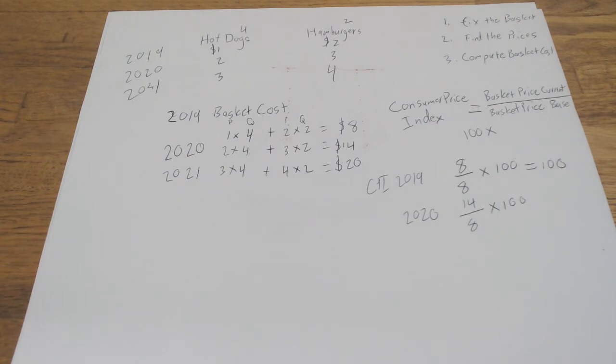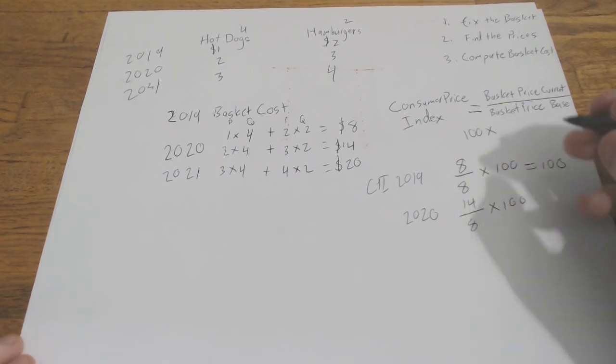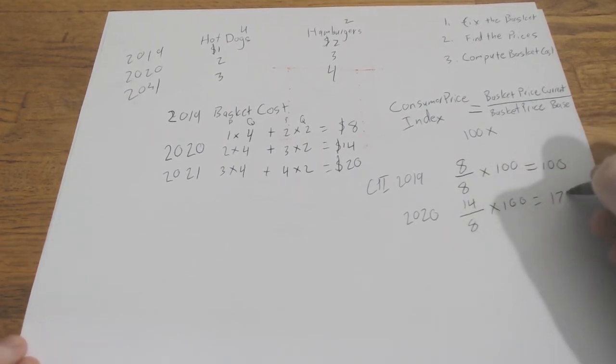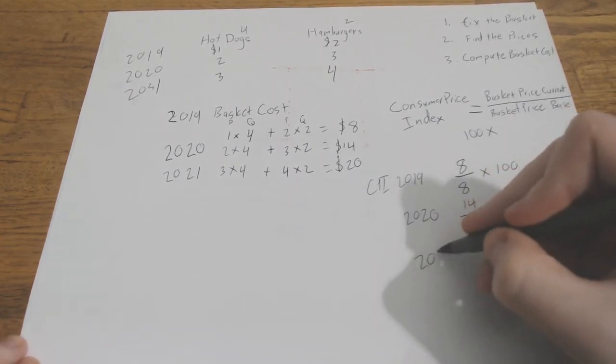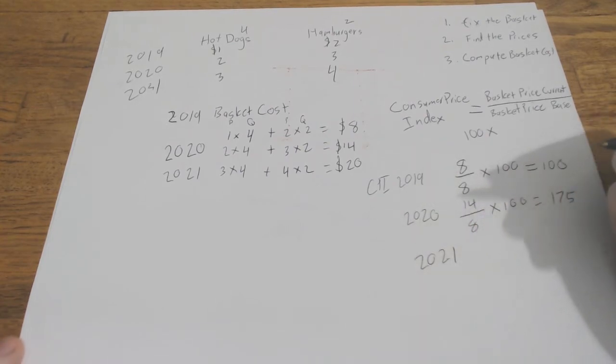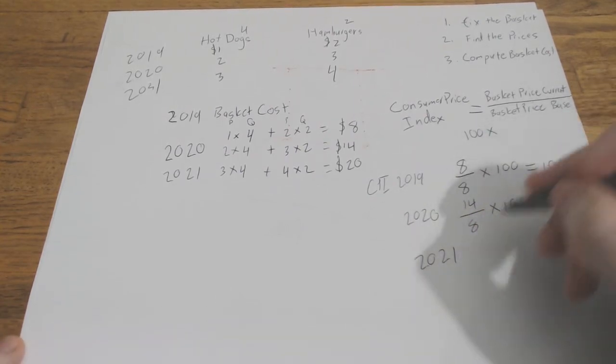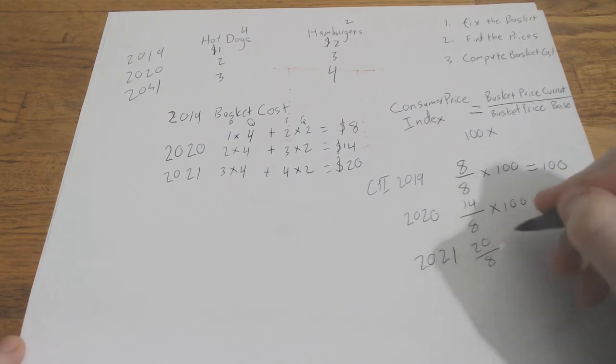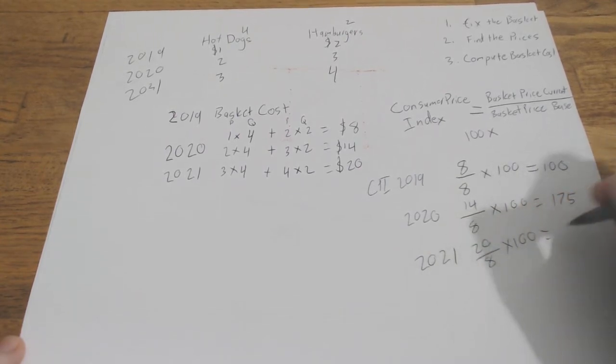This is going to be 175, because this is 1.75. And then 2021 is going to be 20 over 8 times 100, which should be 250.